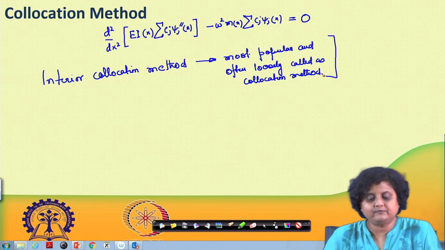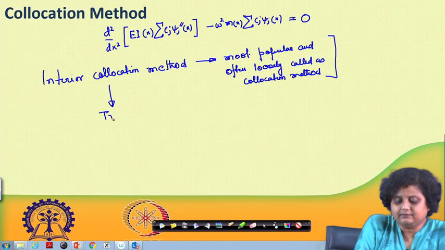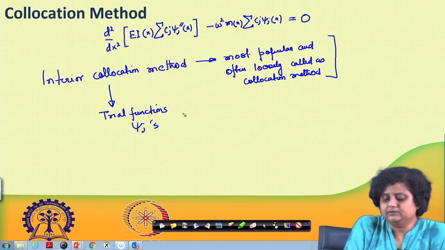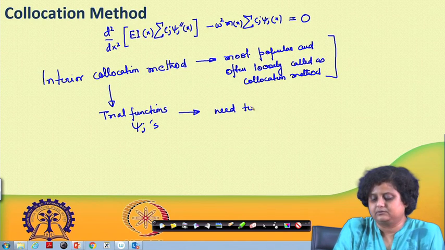So, what happens in the interior collocation method is that the trial functions, the psi_j's, need to satisfy all the boundary conditions.